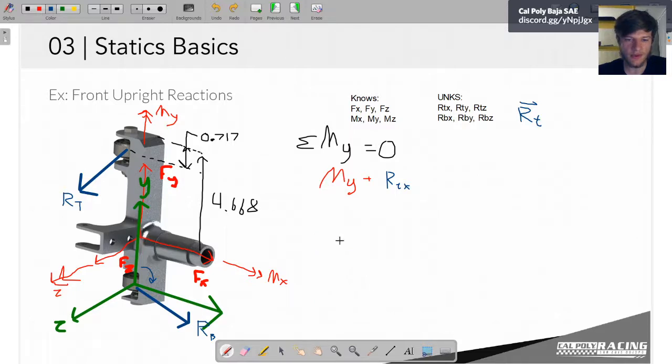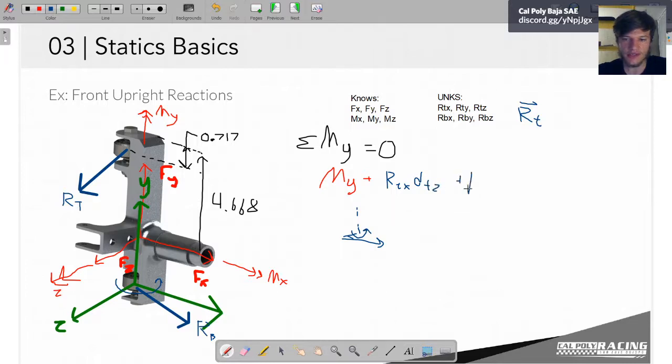So X pointed this way is going to have to be separated by a z distance to rotate around y. Yeah, sorry if that was confusing. We are not rotating in this plane. We're rotating in this plane, right? Because we're rotating around the y-axis. So this is RTX separated by a distance RTZ.